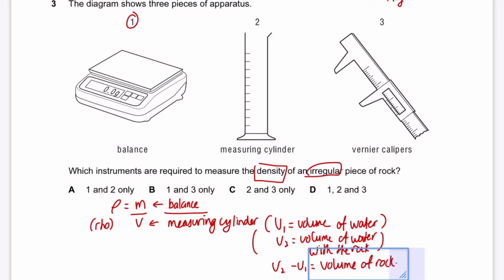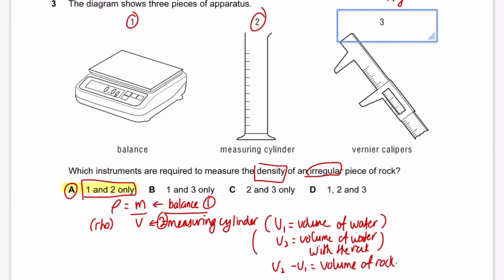Alright, setting that aside, we got our two instruments which are needed for this question: the balance and the measuring cylinder. So number 1 and number 2, which means the option is A, 1 and 2 only.